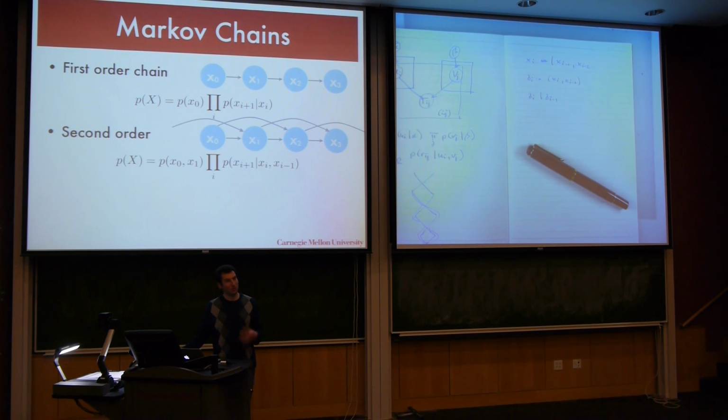If the xi's were ternary variables, 1, 2, 3, then I would have 9 different choices. So, question: if I have a Markov chain of order k and binary variables, what is the size of the state space that I need to deal with? Is it 2 times k or is it 2 to the k? Okay, correct. It's 2 to the k.